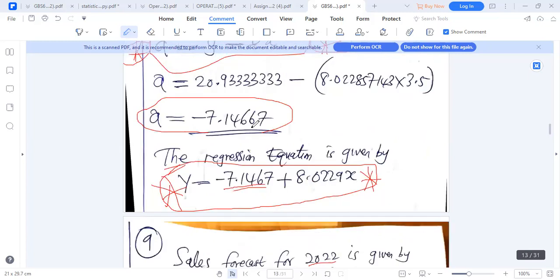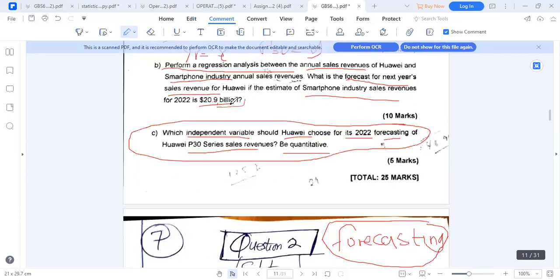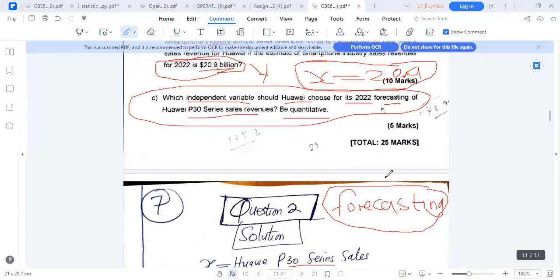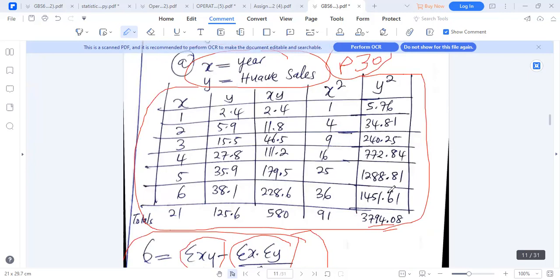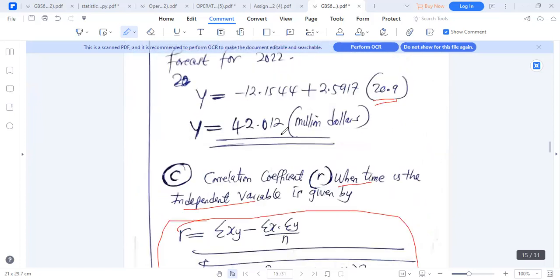So when X is 20.9 billion, we substitute to find the other value, which is finding Y. Our Y gave us the value 42.01.